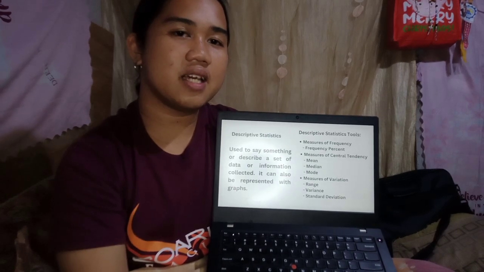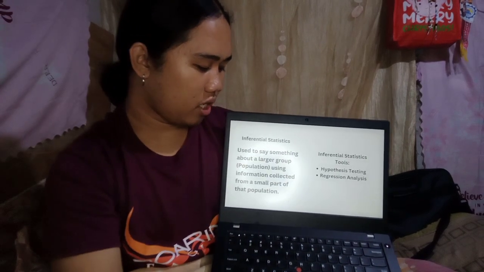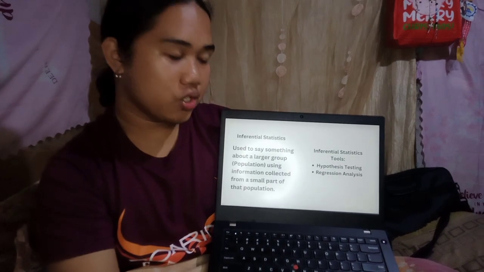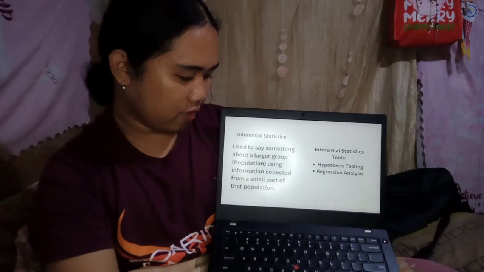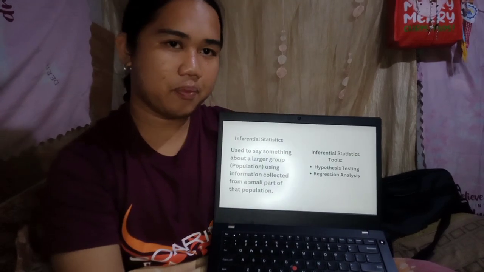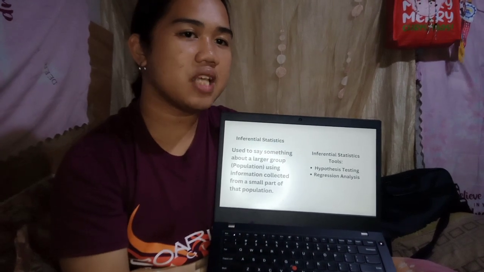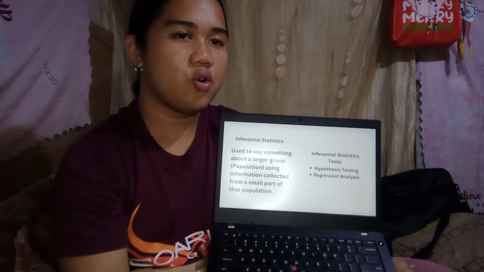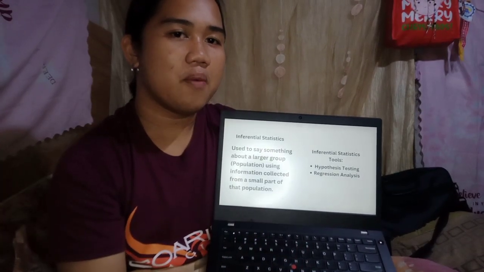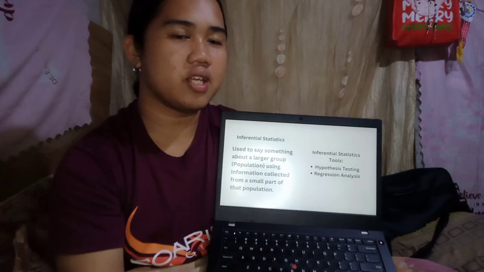The next is inferential statistics. Inferential statistics is used to say something about a larger group using information collected from a small part of the population. So it basically means that we use a sample to say something about the population, or gumagamit tayo ng isang sample or a limited number of people to represent the population itself.